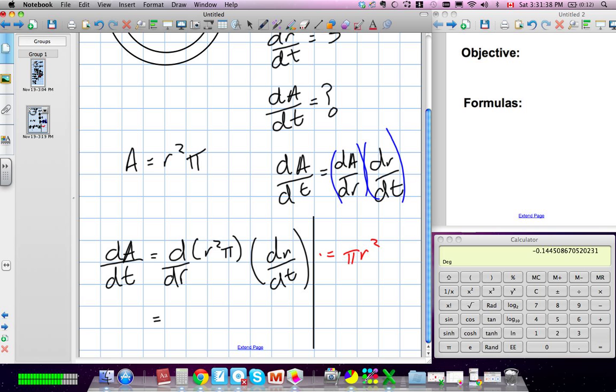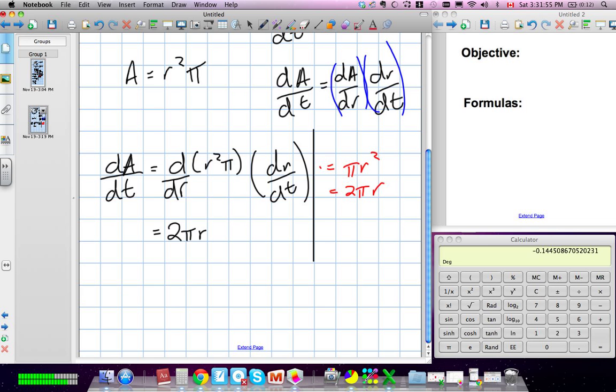When I derive this function, when I find the derivative of this function, we're going to be looking at 2 pi r. Does that make sense? We're not going to convert into a full decimal just because it's going to be very difficult to work with this very large number. So we're going to be left with 2 pi r times the change in the radius over change in time.